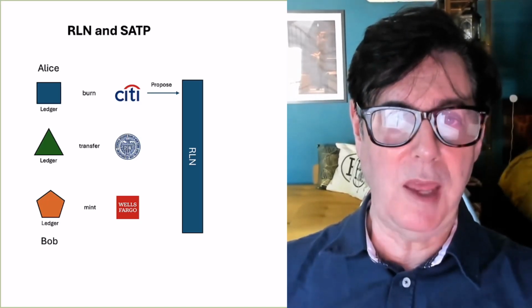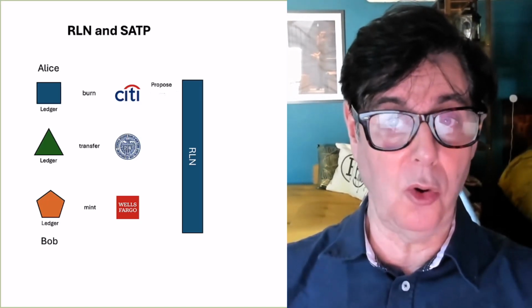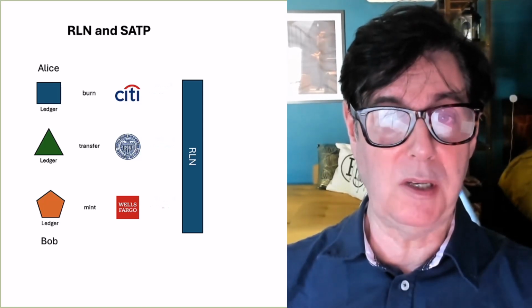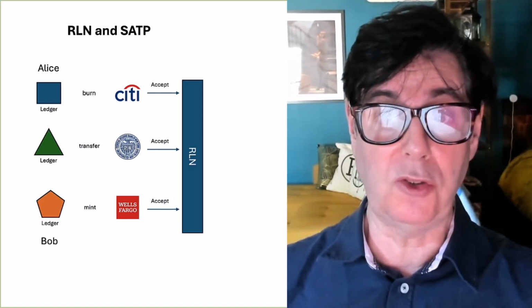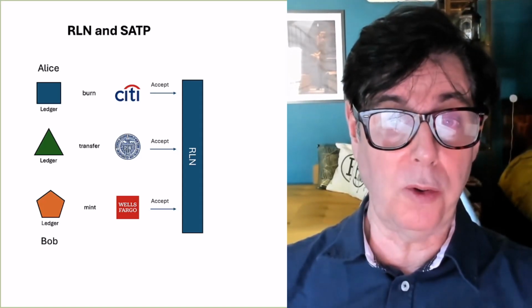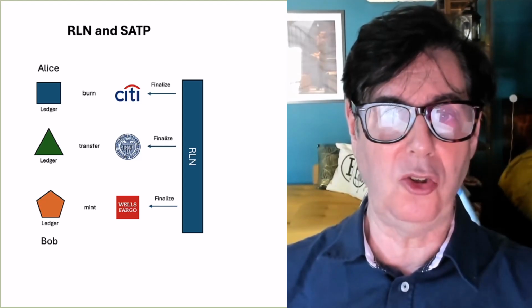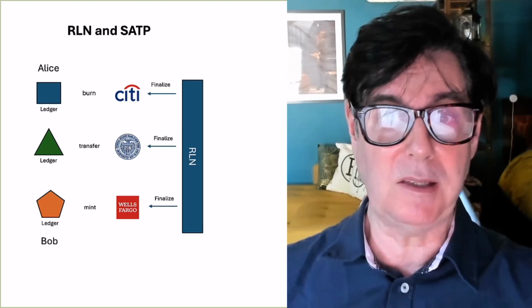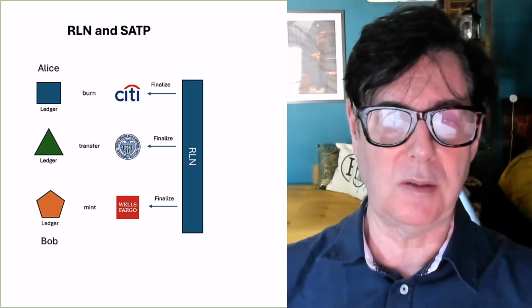The first step is that the transaction is proposed to the RLN. Second, that proposal is distributed to all participants. Third, the participants, after doing their sanctions and fraud checks, agree to the transaction. Fourth, when the RLN has accumulated all of the agreements, it sends a finality message to the participants.